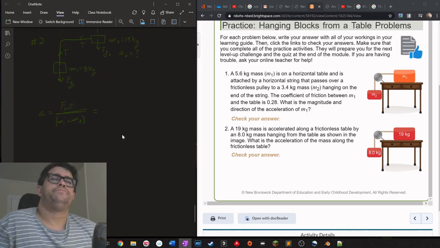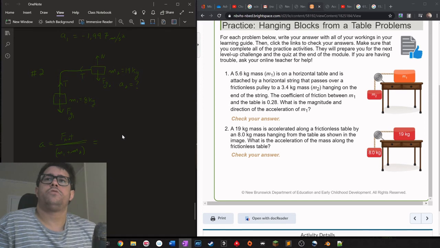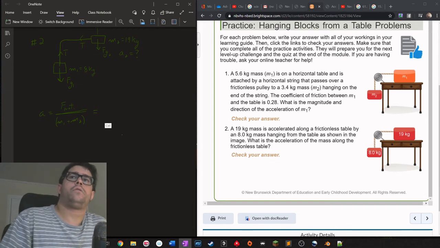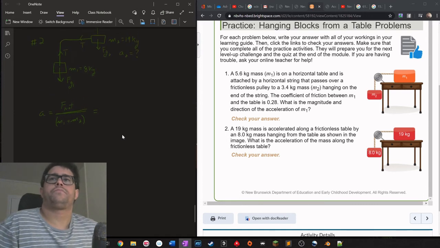I don't like it. F net. What's the net force on this poor thing? Notice how this is talking about F net in the X direction. So we only have a tension, right? No friction.